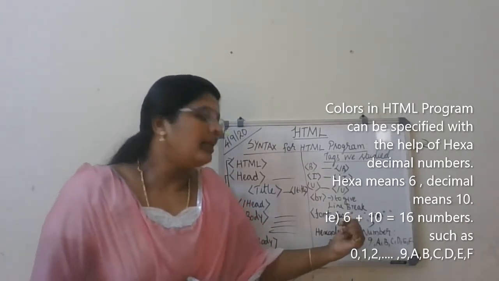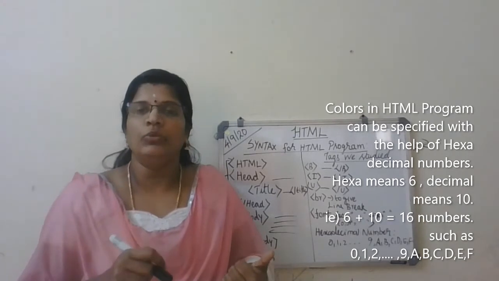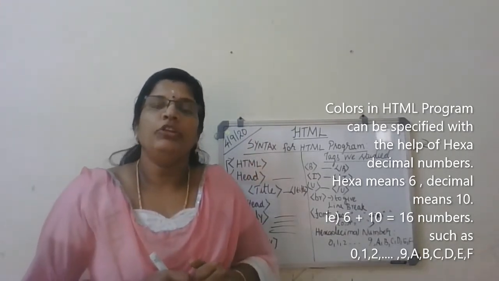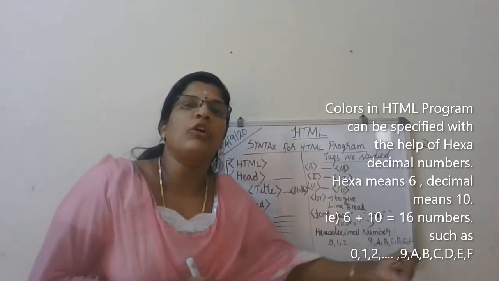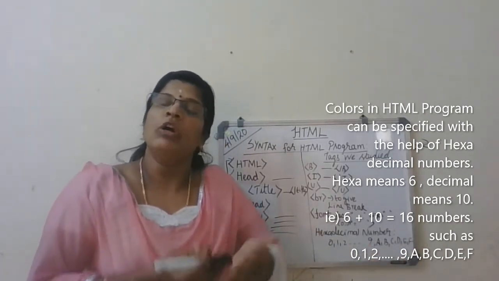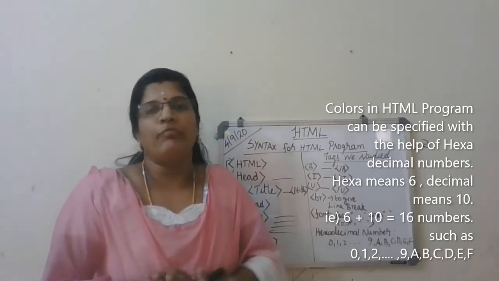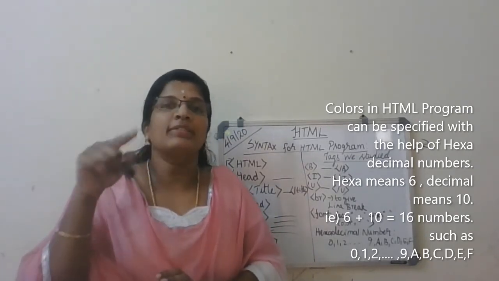In the color, you can specify color is equal to, in double quotation, a combination of these numbers and letters. You can make a combination of only numbers, only letters, or a combination of both. But it should have 6 digits.